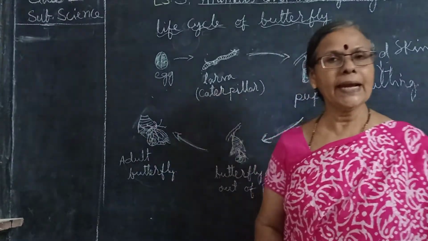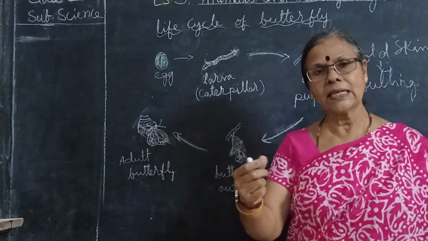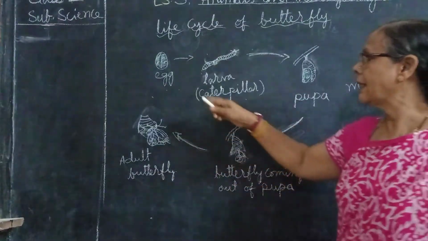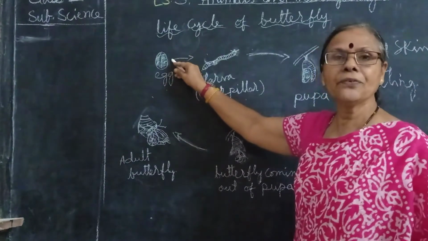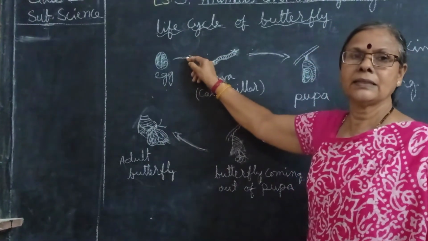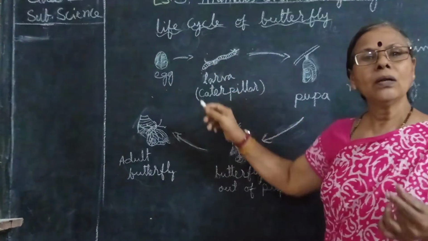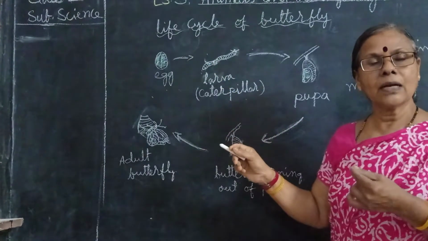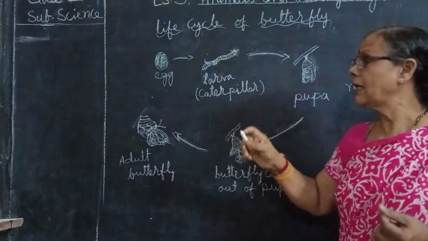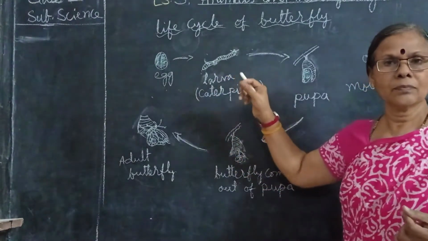Butterflies lay eggs in clusters on the underside of leaves, and after a few days the egg hatches and a small larva comes out. That larva is called a caterpillar. It looks like a worm on the leaves.